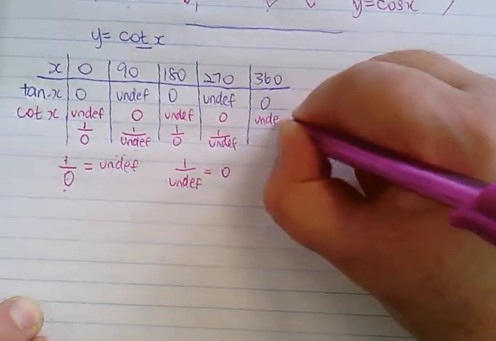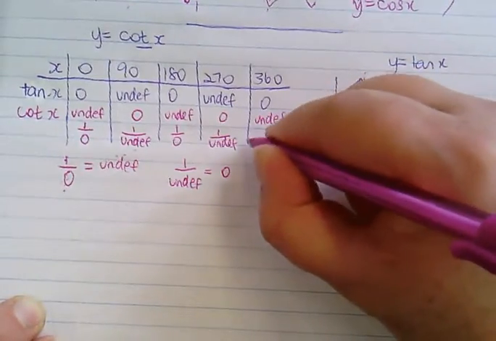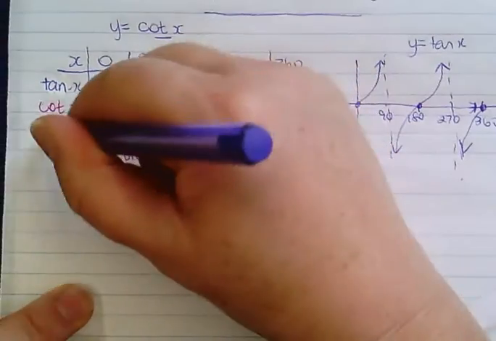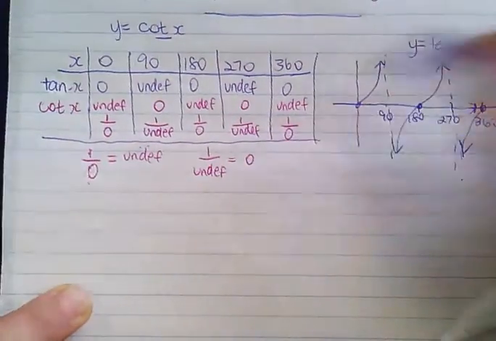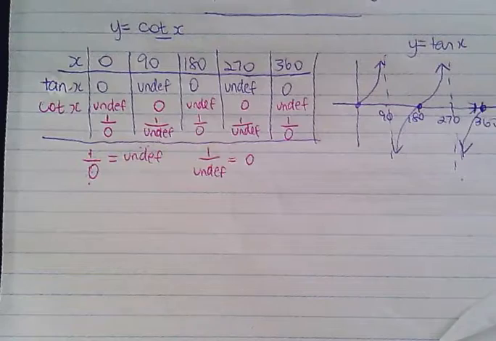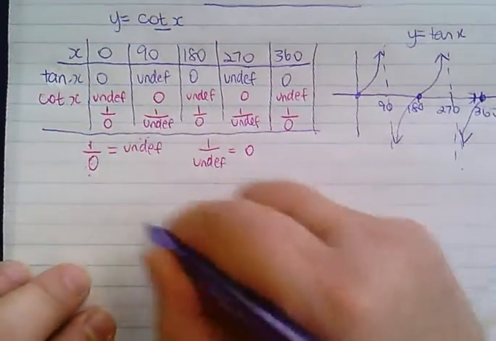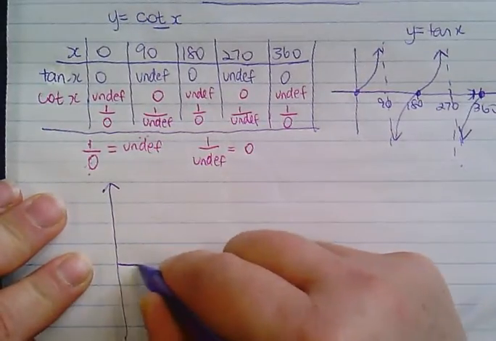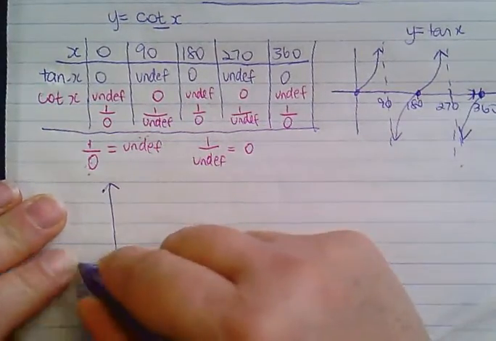And this one's undefined. So to sketch that, let's put the two, I'll just draw that other one separately. I'll see if I put them both on the one graph.